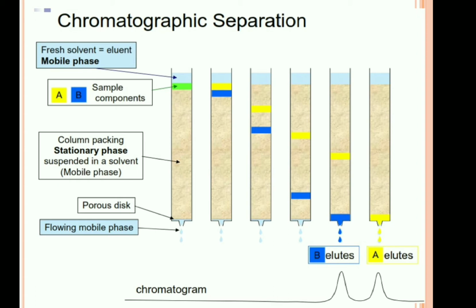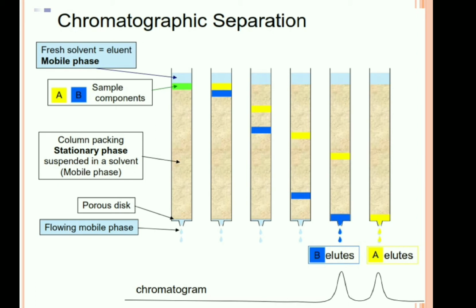Then after some time, in the third column, you can see the sample components; let us assume the sample has both A and B. The molecule of sample A has more interaction towards the stationary phase, that's why it elutes later.